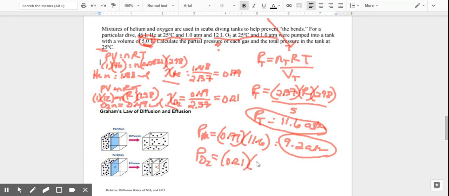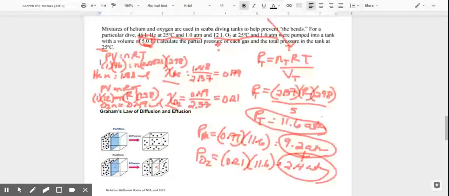This is kind of maybe like a check and balance system if you want to use it. So 0.21 times 11.6 is equal to 2.4 ATM. Now, if you want to check yourself, you say, all right, well, 9.2 plus 2.4, what does that equal? Well, that's equal to 11.6, which makes sense because both of these pressures added together should equal my total pressure that I have in the system.